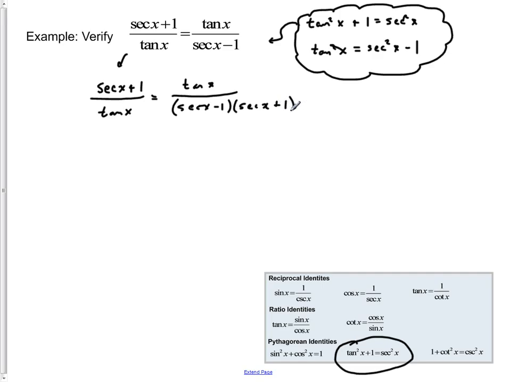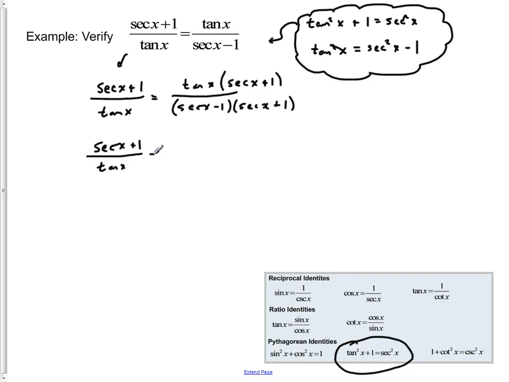Of course, whatever I do to the denominator, I have to do to the numerator equally. So I've got secant of x plus 1 multiplied equally into the numerator and denominator. So not doing anything with the left-hand side of my equation, I'm just going to leave it the way it is.